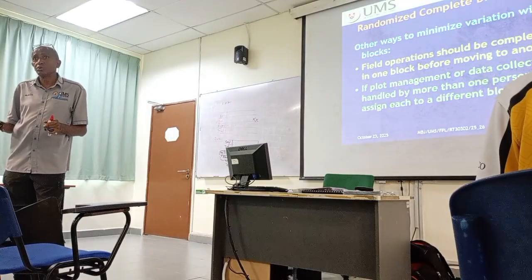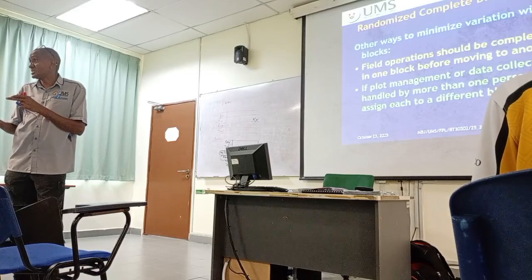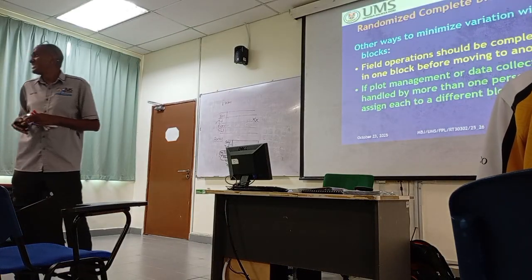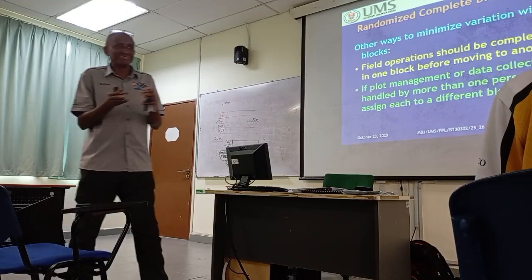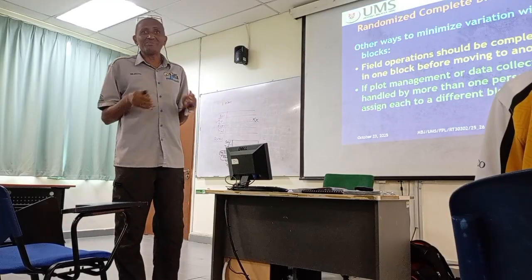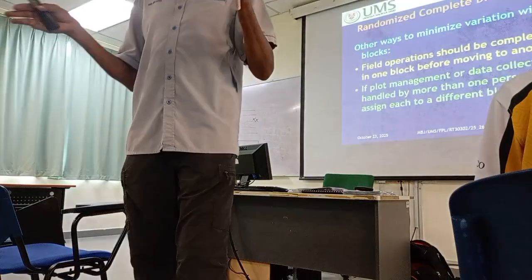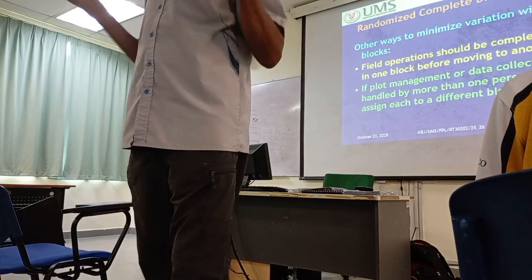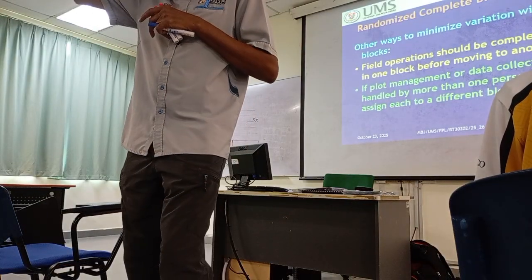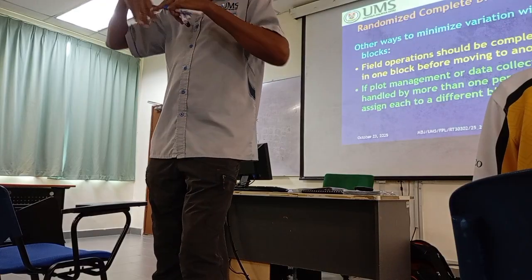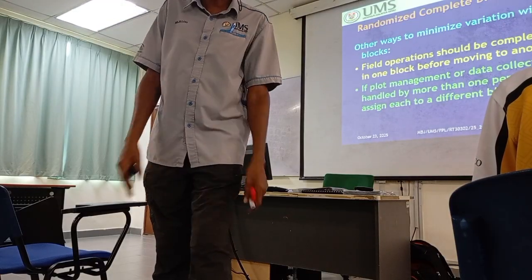You can do so, but make sure you are consistent. Anytime you collect data, you must do one block first one day, the next day another one. Don't decide to do all on the same day the next time. If you started off collecting data all on the same day, then the next time you want to collect data, maybe 1 month or 1 week after, you must do all your data collection on the same day.